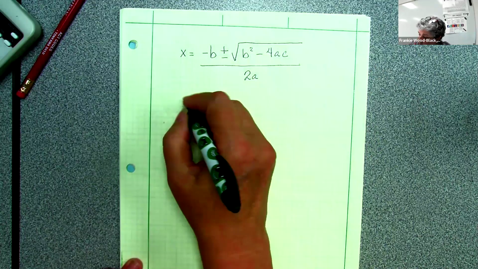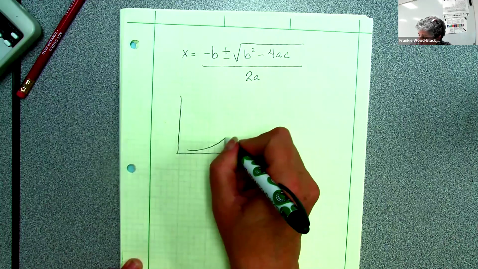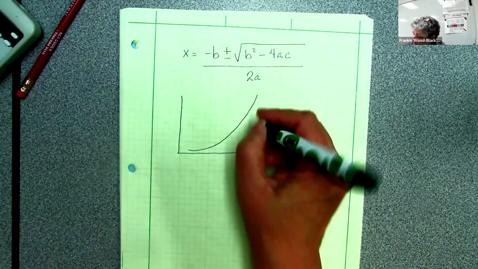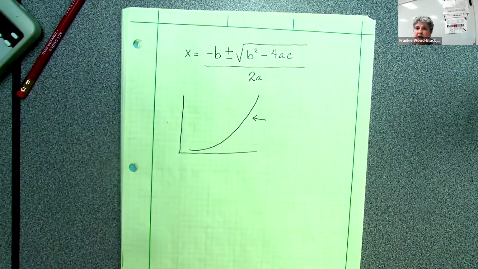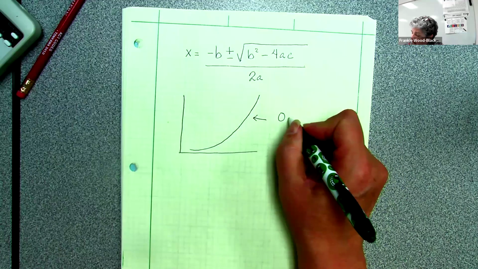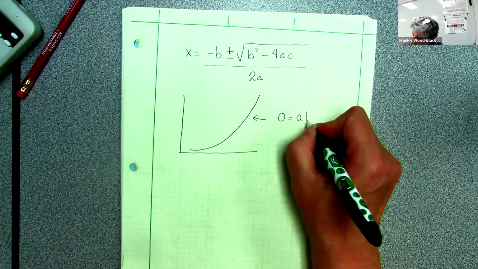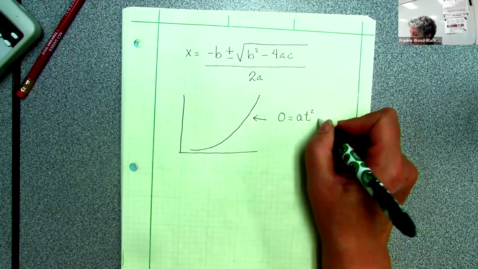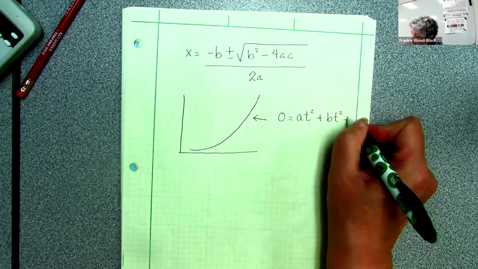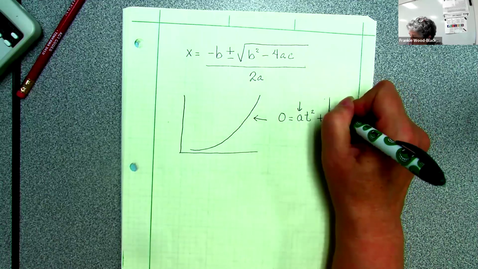And where this comes from is if we have our parabola, we can define this curve and plot that curve by using an equation that 0 is equal to some value a times t squared plus b times t plus c, where these are the coefficients of our values.